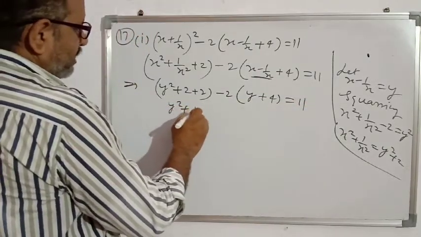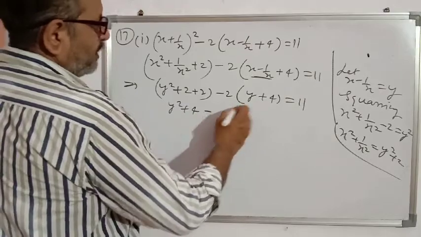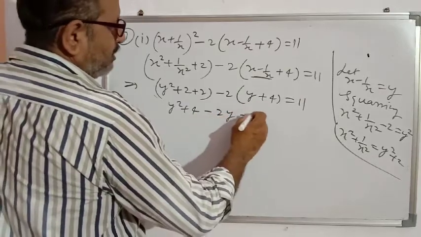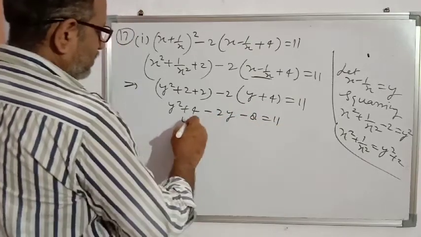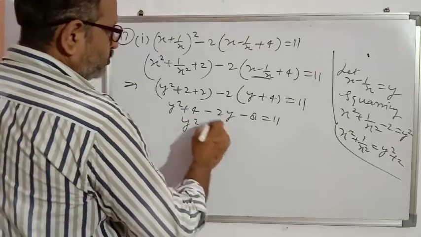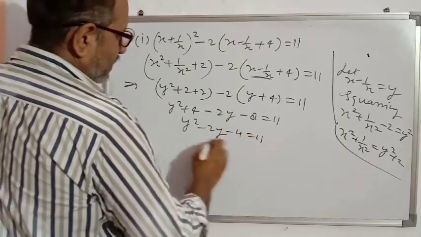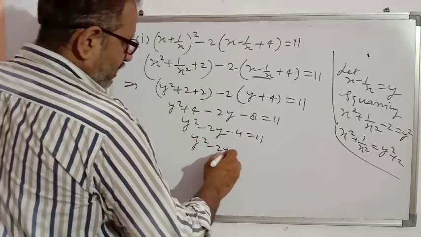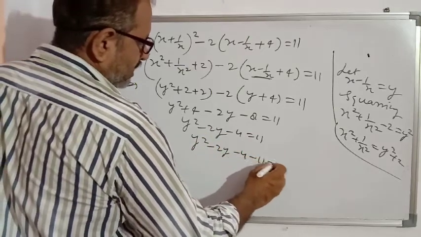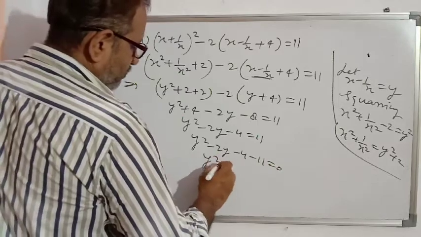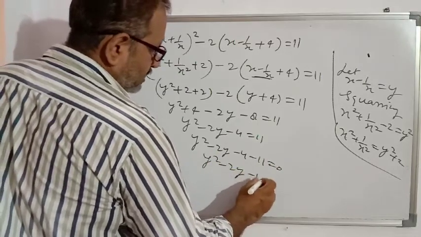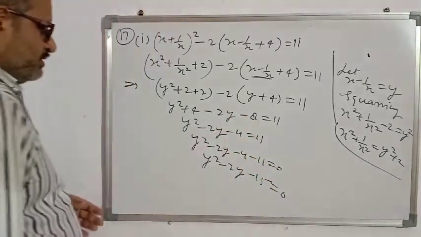It is y square plus 4 minus, open the bracket, minus 2y minus 8 is equal to 11. y square minus 2y, 4 minus 8 minus 4 is equal to 11. y square minus 2y minus 4 minus 11 is equal to 0. y square minus 2y minus 15 is equal to 0.